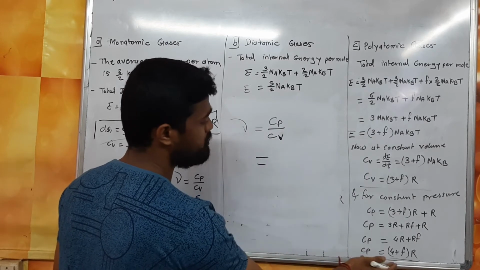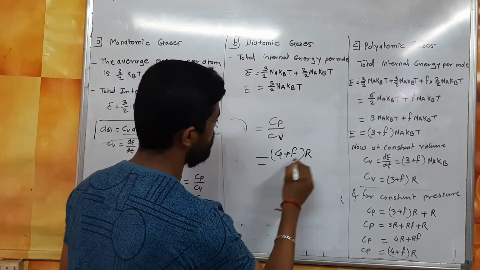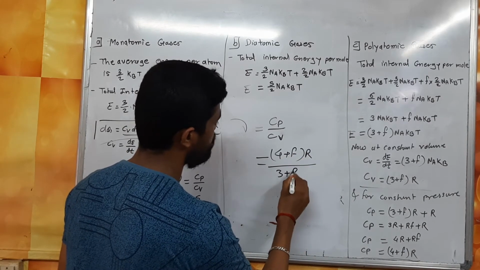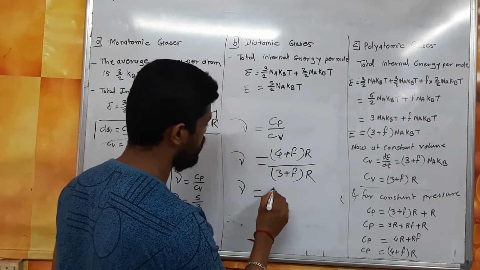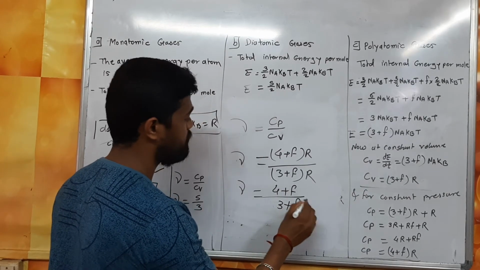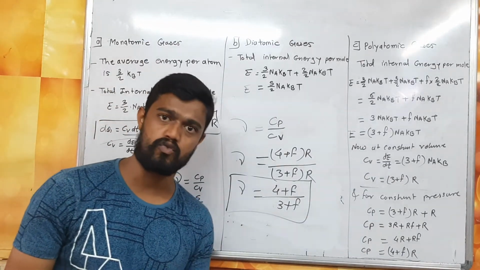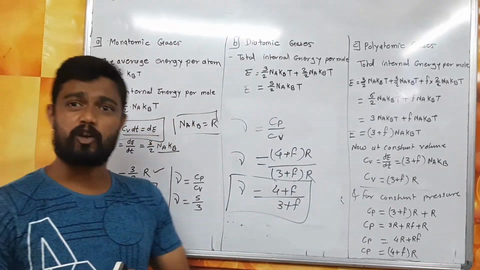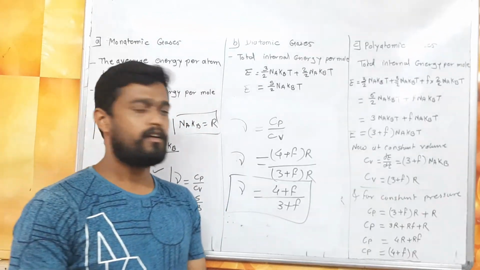Cp's value is 4 plus f into R upon 3 plus f into R. So gamma is equal to 4 plus f upon 3 plus f. This is your specific heat ratio of polyatomic gases.